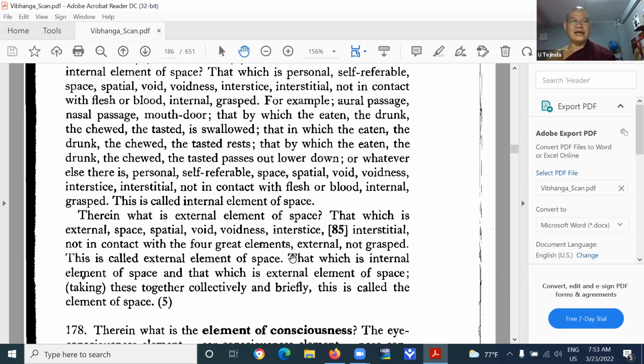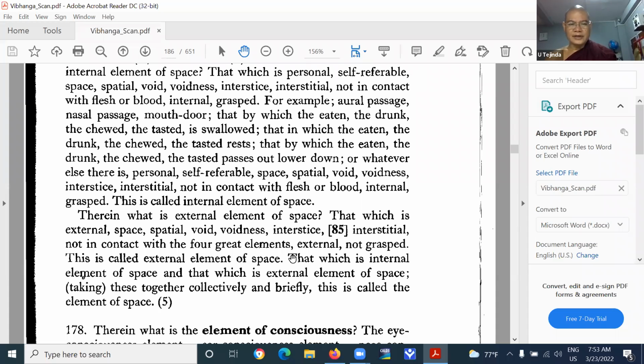So every material phenomenon has the 4 great elements. But the space has no touch with those elements. It's called here external, bahira.